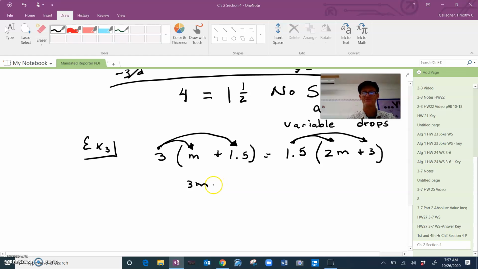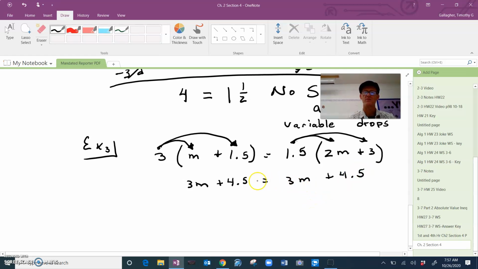Come on now, you can do it. 4.5. Equals 1.5 times 2, which is 3m, and 1.5 times 3 is 4.5.